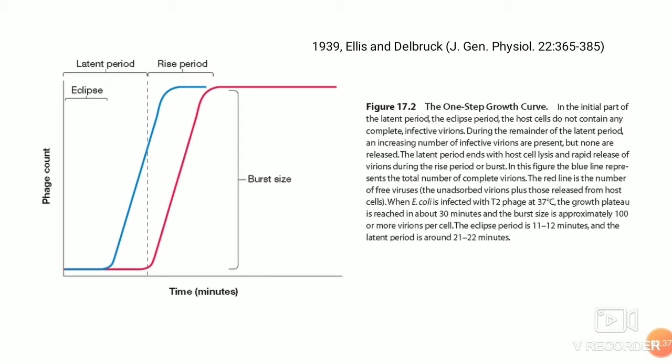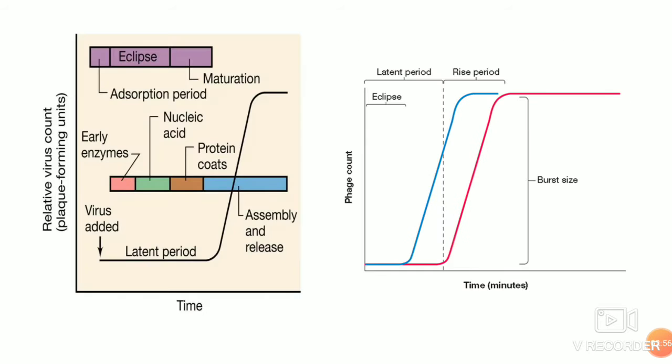The eclipse phase is where the infection is happening, and it is also called the initial phase. In this time period, the appearance of the first intracellular phages will be happening. No phages can be detected during this phase.